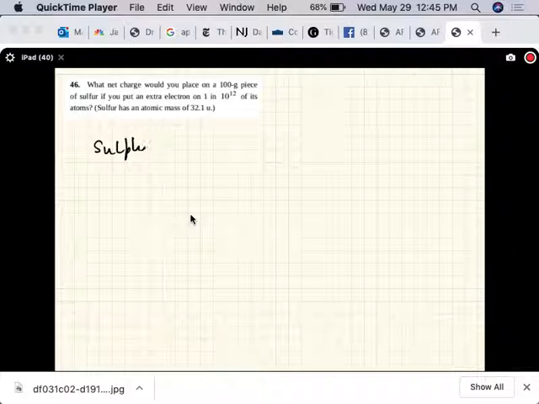32.1 grams of sulfur will have 6.02, the Avogadro number, 10 to the power of 23 atoms.